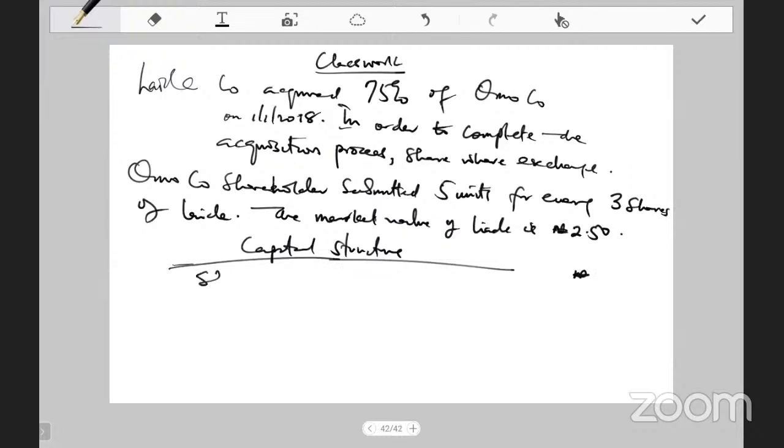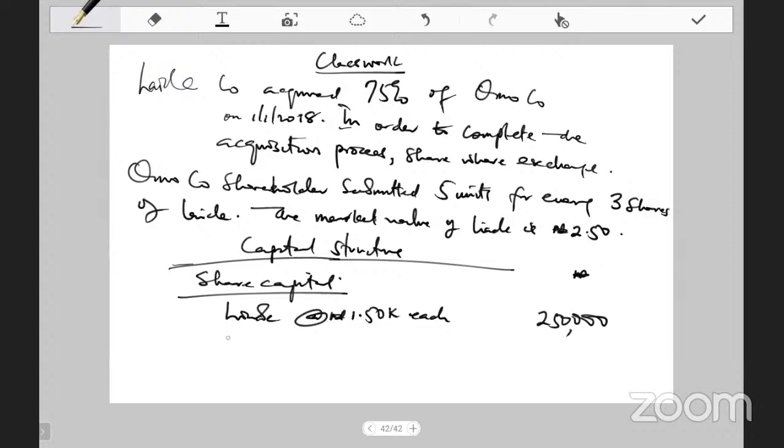We have share capital: Laide has shares at 1 naira 50 kobo each, which gives $250,000. Then we now have Omo Co at 1 naira each, and that is 100,000 naira.